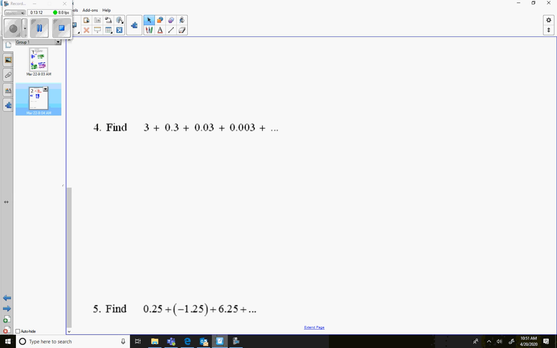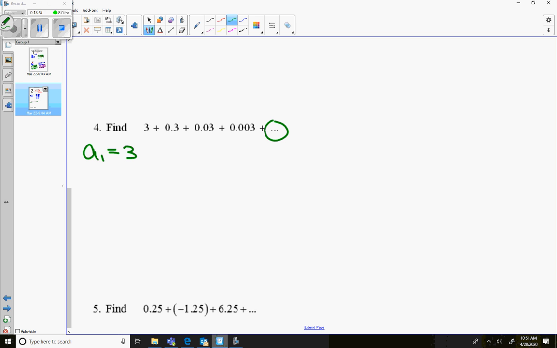Okay, number 4. Now, part of the trick to this problem is recognizing that it is in fact a geometric sequence. The dot, dot, dot at the end tells us it goes on forever and ever. First term is clearly 3. Well, how did I get from 3 to 0.3?